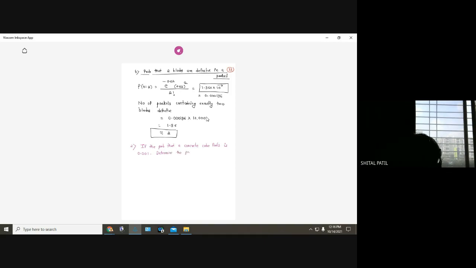the probability that out of 1000 cubes, exactly 2 will fail.